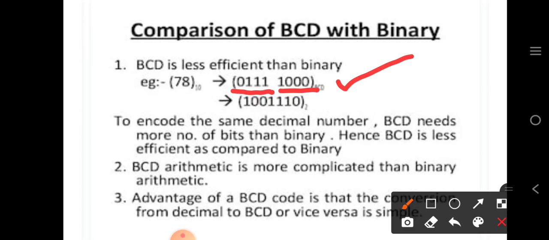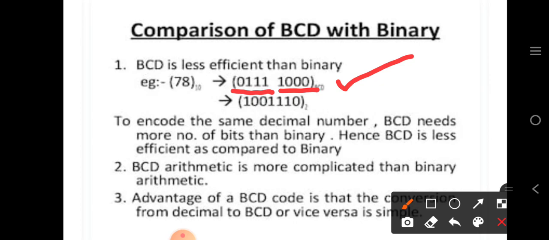And now the binary code. How can we write the binary code? The answer for 78 in binary is 1001110. We have seen the conversion technique of decimal to binary, so using that system we can write down the binary code of 78.